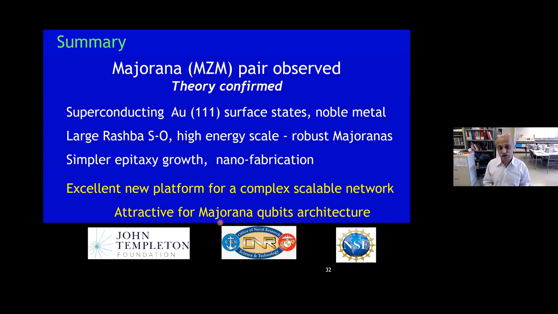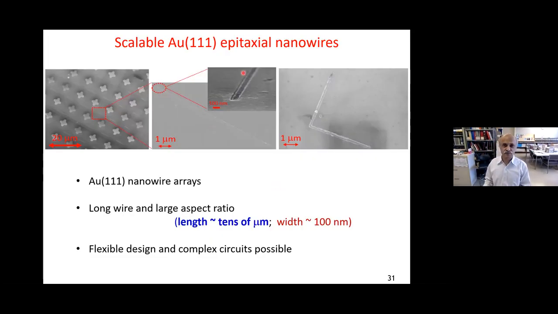And of course, nanofabrication is also easy, because we have already shown that we can create small structures and we can have any kind of architecture in the system, a complex network. So it all boils down to the fact that in this metallic system, there may be a good possibility of actually creating a qubit architecture.